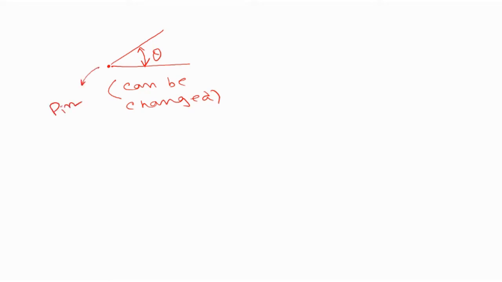But in case of a rigid joint, suppose two members meet at this joint. Here the angle between the members will remain unchanged. Suppose after deformation the structure is like this. If we draw the tangents, the initial angle was 90 degrees, so after deformation the angle should be 90 degrees.